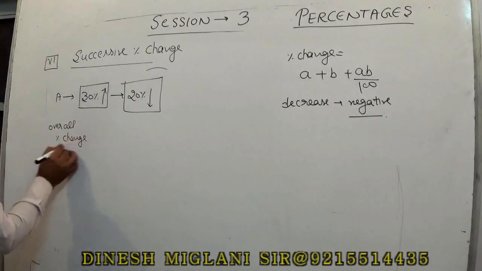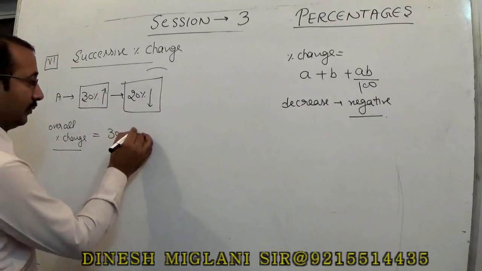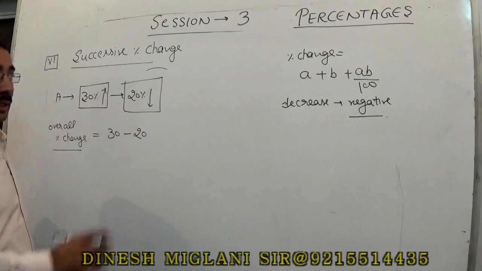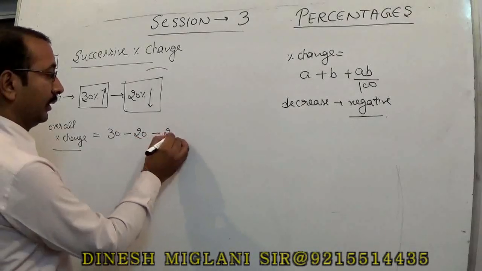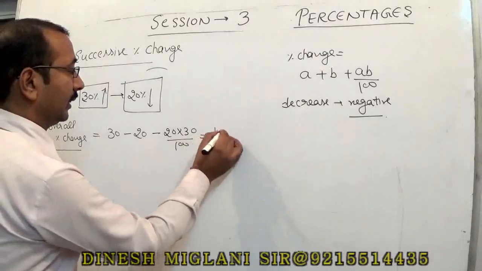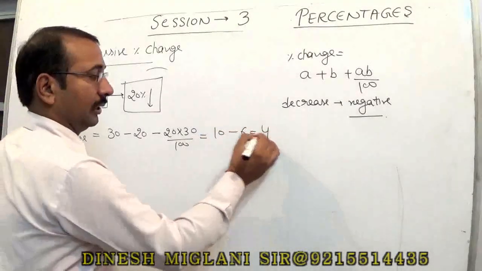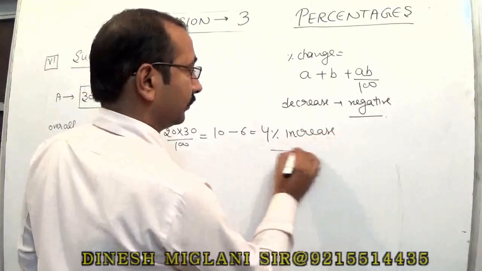If we directly apply this formula, 30, then decrease, it should be negative, minus 20, then plus AB. This is positive, this is negative, this becomes negative. 20 into 30 divided by 100, this would be taken as 10, minus 6, 4. It is positive, so we can say 4% increase.